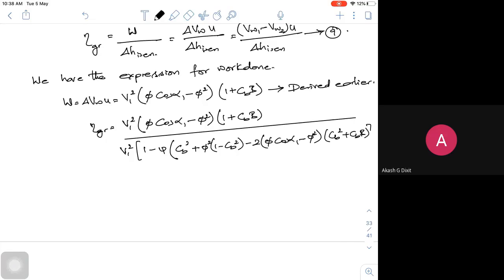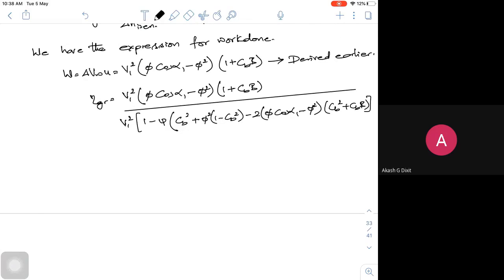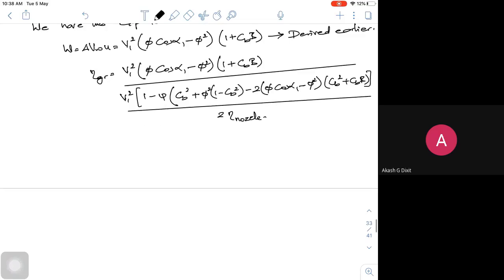So this is my expression. V1 square simply cancels out, and this is divided by 2 times the nozzle efficiency, so the nozzle efficiency will go to the numerator.